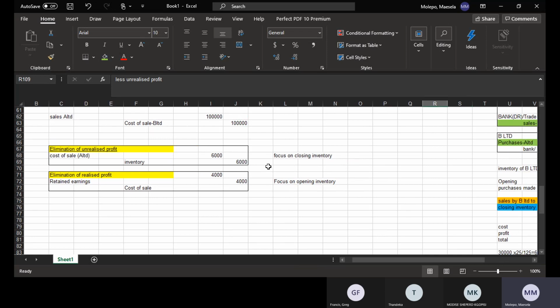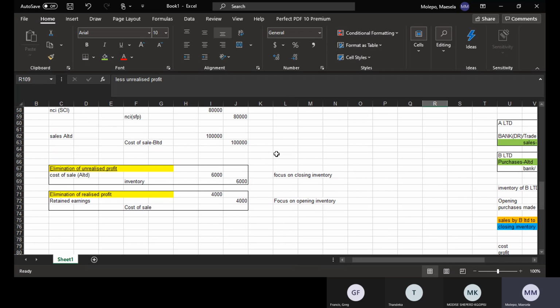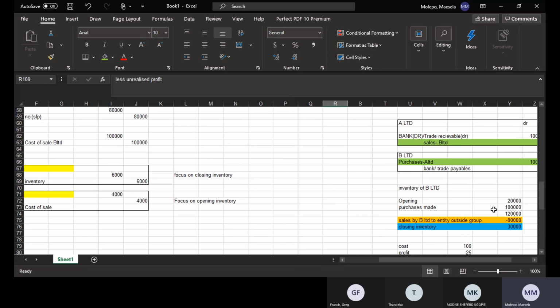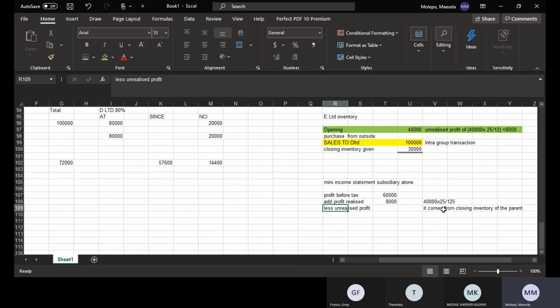So that one affected only the books, like the statement of profit and loss only. But in this case, since we are dealing with the books of the subsidiary, the unrealized profit is also going to affect the analysis of shareholders. So on the analysis of shareholders of the subsidiary, we have to take that unrealized profit from the closing inventory of the parent.